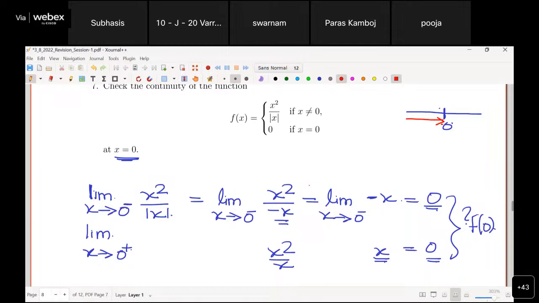So when the value of x is negative, what will be the value of mod of x? Positive. This is basically minus of x, right? If x is negative, mod of x is basically minus of x. Correct or no?